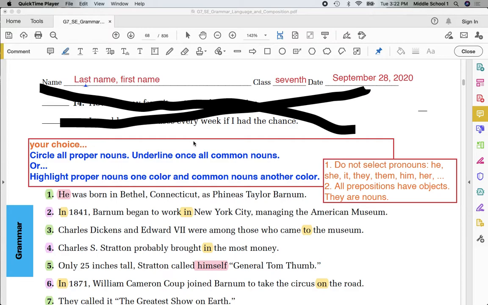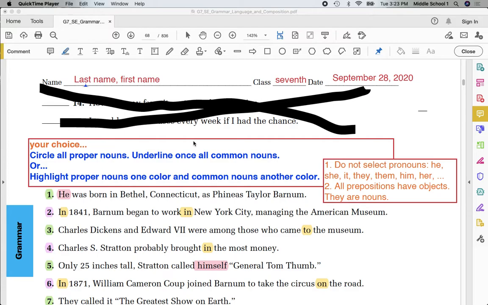Secondly, put an X through the top 2 items on page 62. Thirdly, in place of exercise 2 and the directions that are there, please place these directions. Your choice.